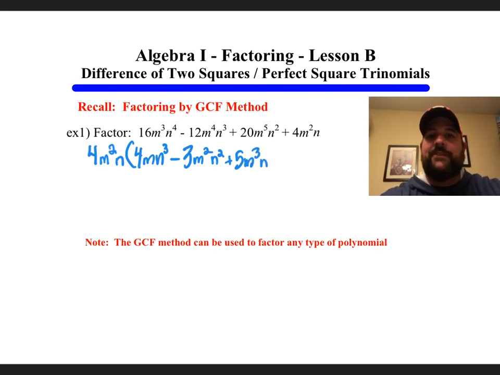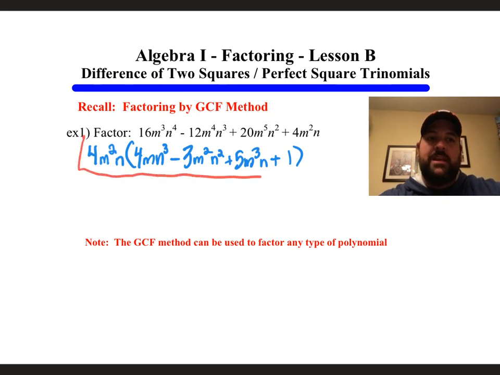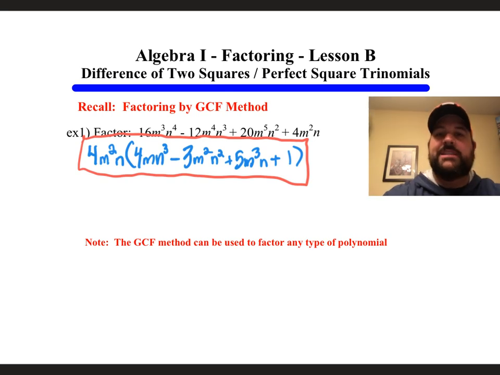And our last term here, 4m squared n, that entire thing got factored out, which means I can't just forget that there was an extra term here. If I were to redistribute to get back to that, I would have to multiply it by 1. So there is our final answer, 4m squared n times 4m n to the third minus 3m squared n squared plus 5m to the third n plus 1.